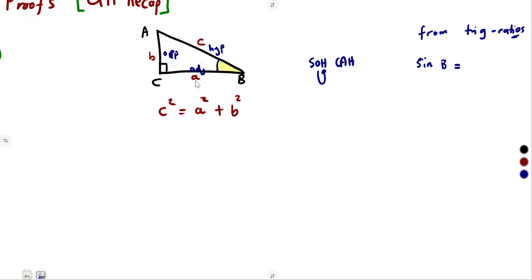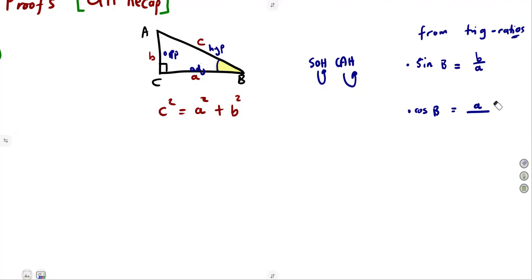So that's B over C. From those sides that you're given, or you can write AC over BC, it's up to you. It is the same thing for the cos of angle B. We can use the same concept, the adjacent over the hypotenuse. Our adjacent, that is A, and our hypotenuse, that is C.